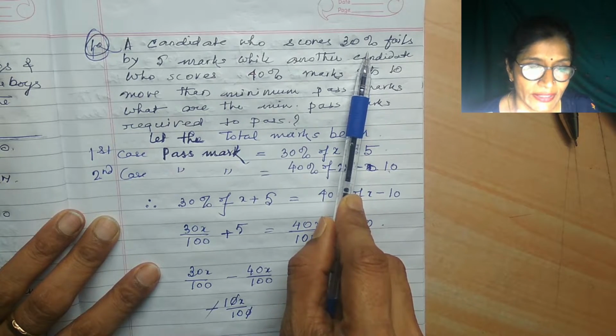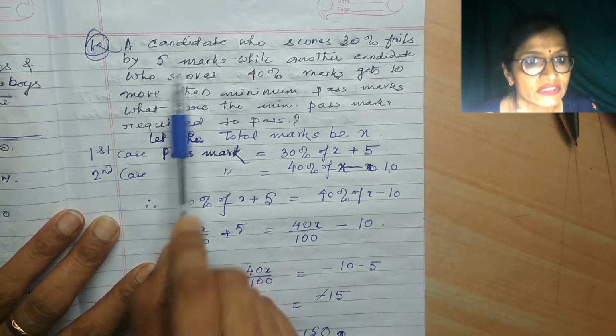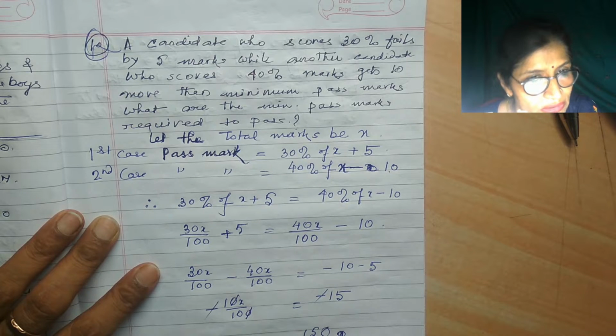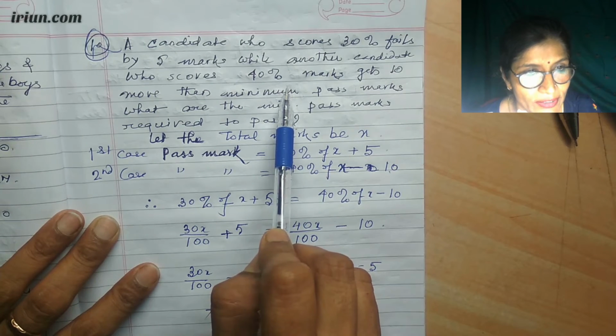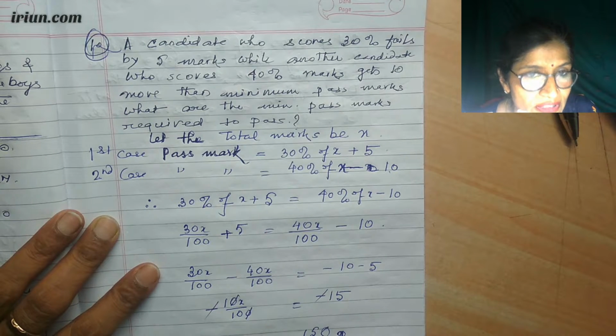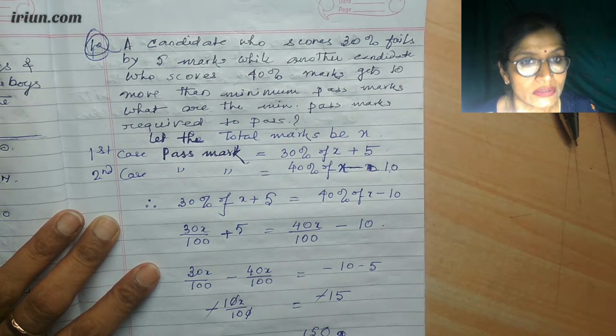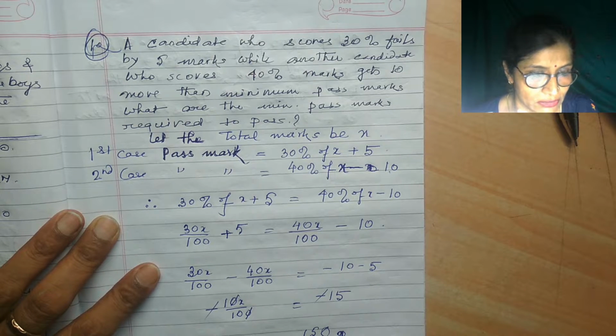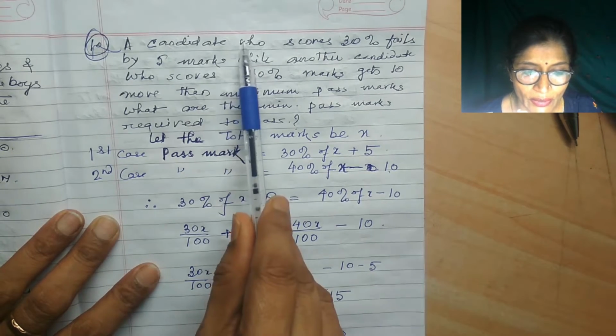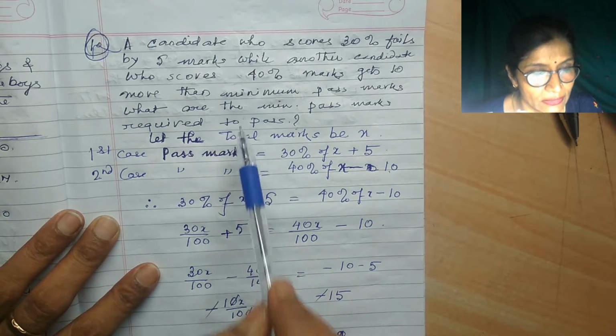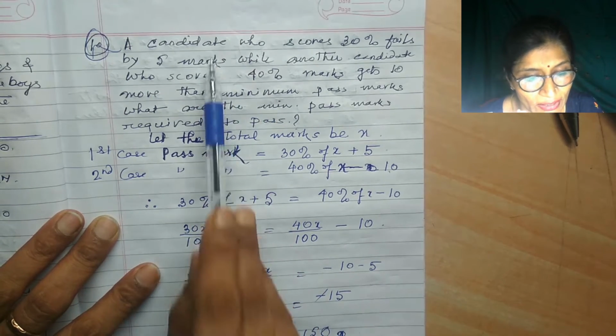If somebody gets that, it means he failed by 5 marks. If he got 5 more marks, he could pass the examination. And if anybody gets 40%, his marks are 10 more than the pass marks. So we can get the pass marks in both the conditions.